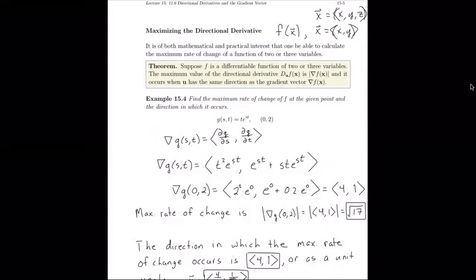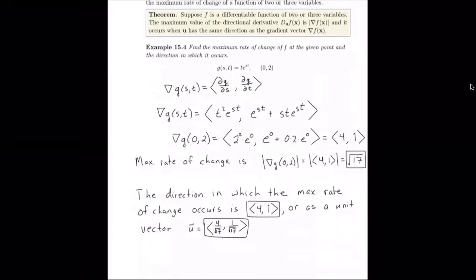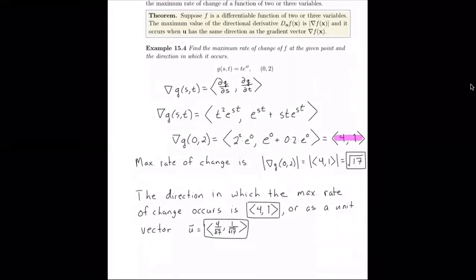Next, we need to know what the gradient of that function is at the point (0, 2), and we arrive at (4, 1) once we plug in 0, 2 for s and t respectively. And what we're able to say is that this will be our maximum direction, right?